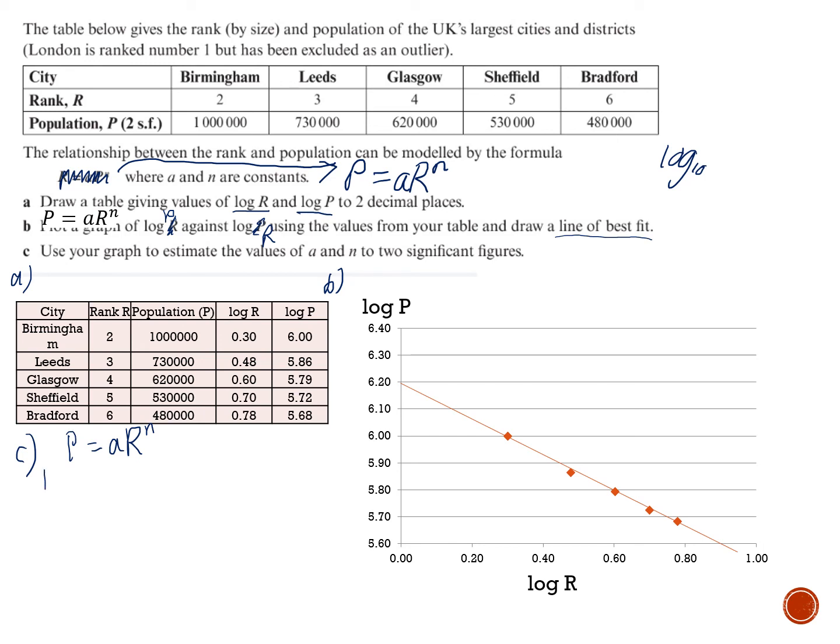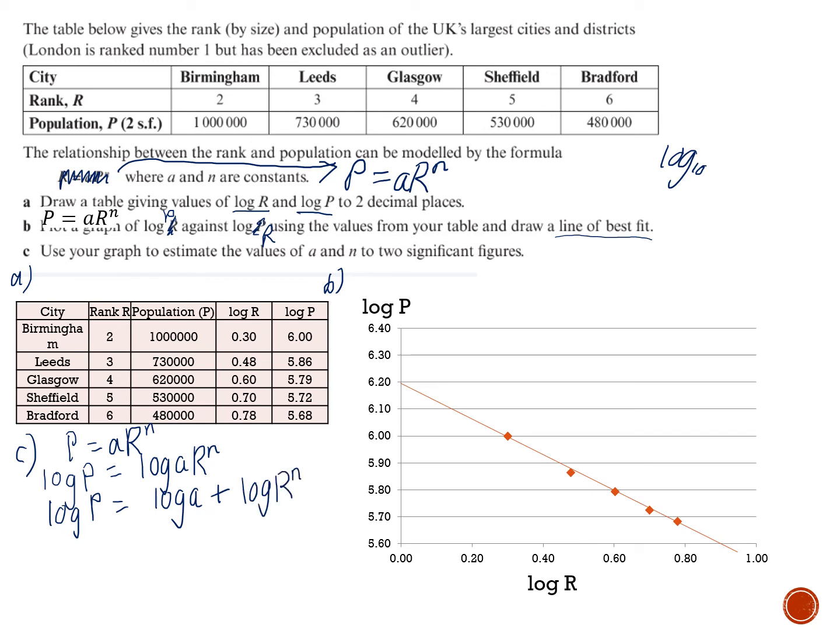So let's take logs of both sides. So log P equals log A R to the N. Remember what we do then is we use our multiplication law. We get log A plus log R to the N.